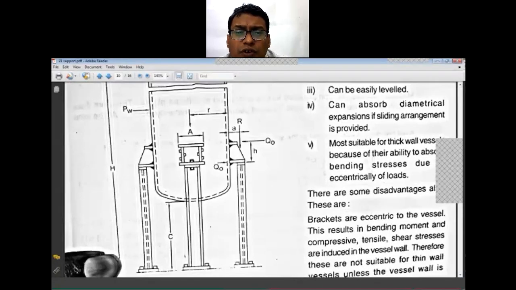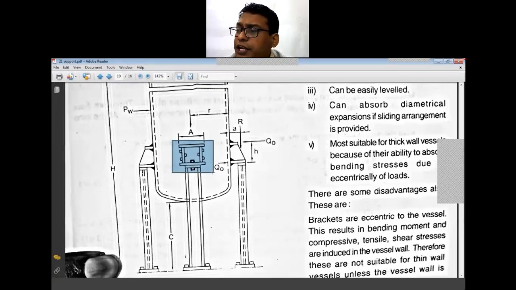So these are your bracket supports. You can see the different types of plates attached to this bracket support. One is the base plate, on which these brackets can be welded.